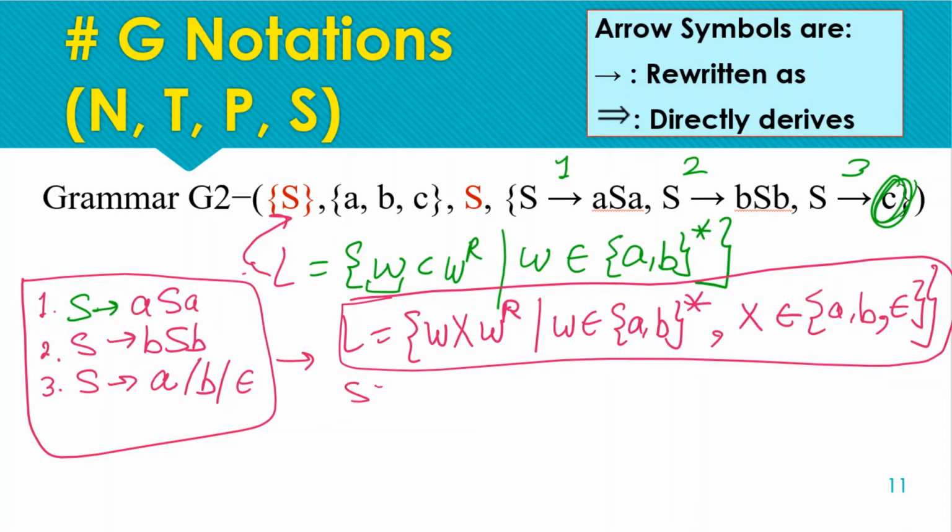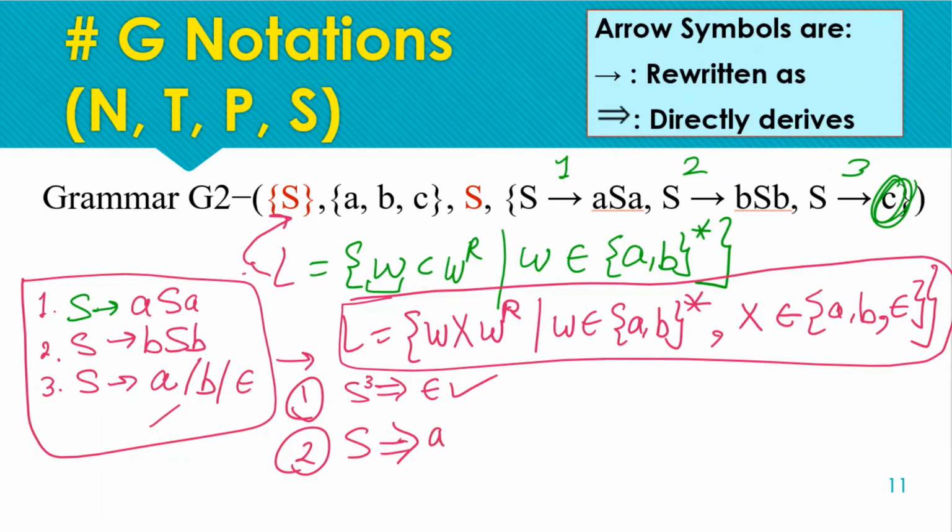The minimum string to be derived is null by the application of rule number 3. This was the first string that we have detected as the minimum string that can be derived from this grammar. Next, if we apply production rule first or second any number of times, we will have the same symbol on the left and also on the right hand side.